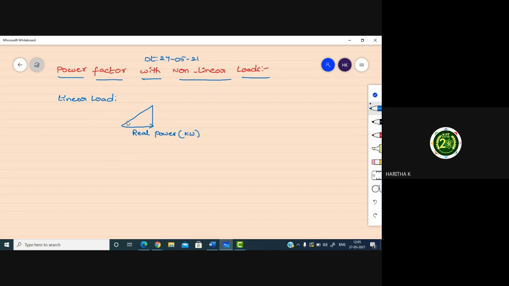And this opposite side is the reactive power, measured in kilovolt ampere reactive, kVAR. And the vector sum of these two, real power and reactive power, will give you the total power, that is apparent power.